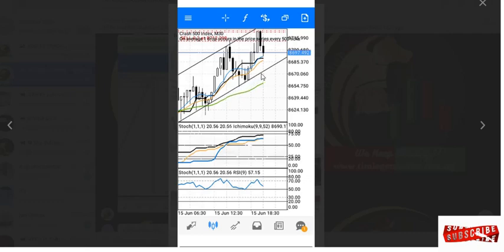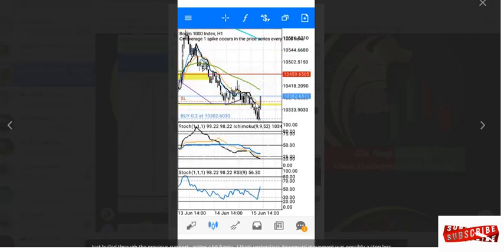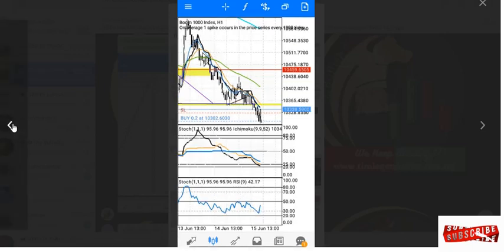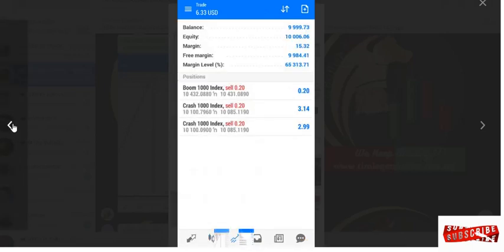They apply their indicators with price action, and they're killing the boom and crash market in a massive way.